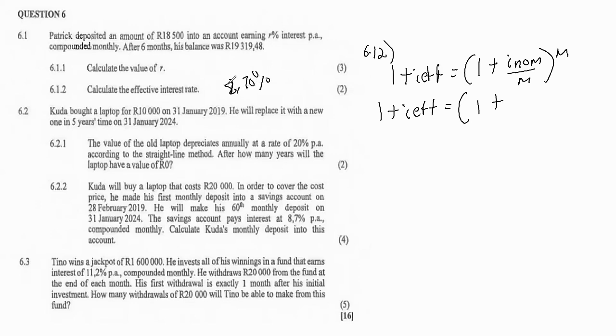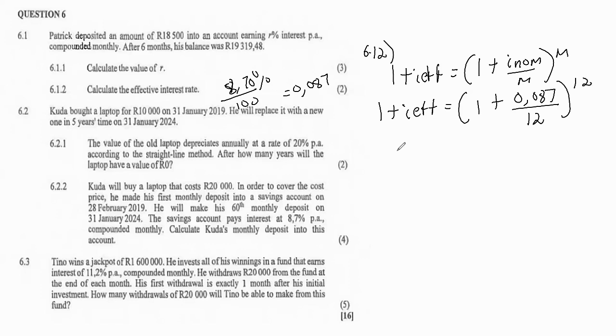But remember, when we put it here, we need to have already divided by 100, which gives us 0.087. Since it's compounded monthly, we have 12 and 12 here. If it's quarterly, we have 4 and 4. If it's semi-annually, we have 2 and 2. This is monthly, so it's supposed to be 12 and 12.